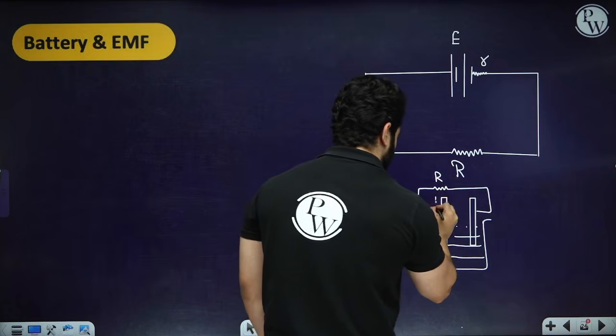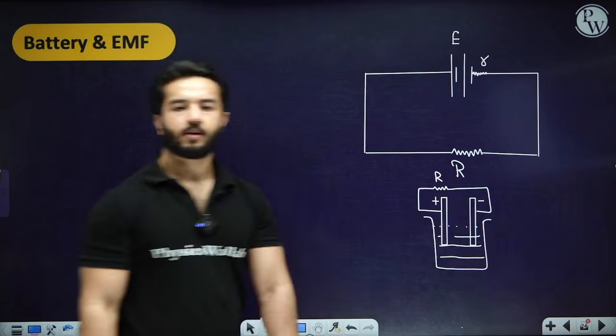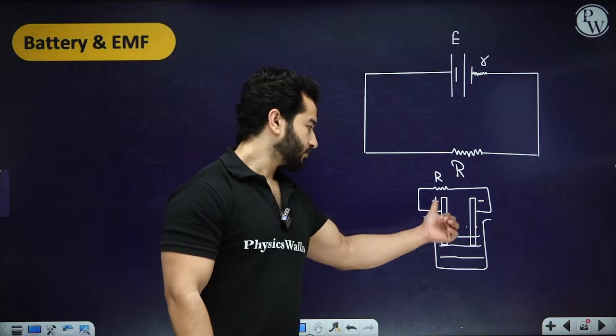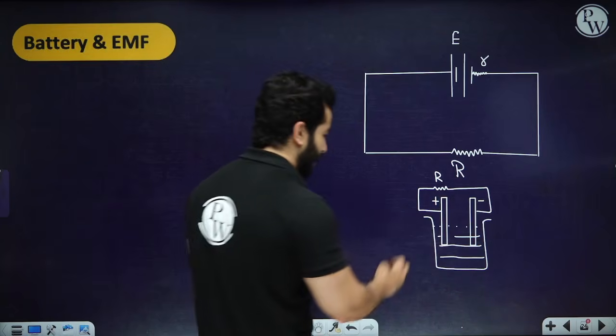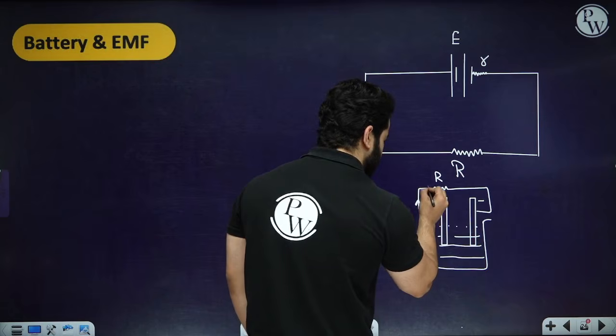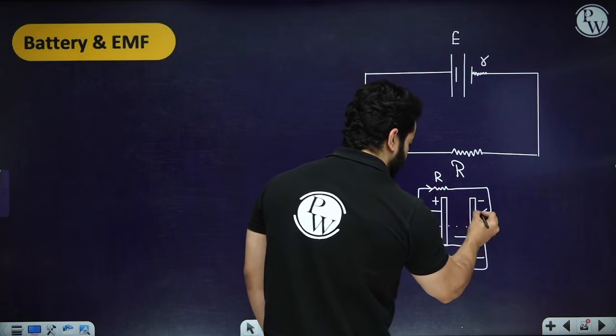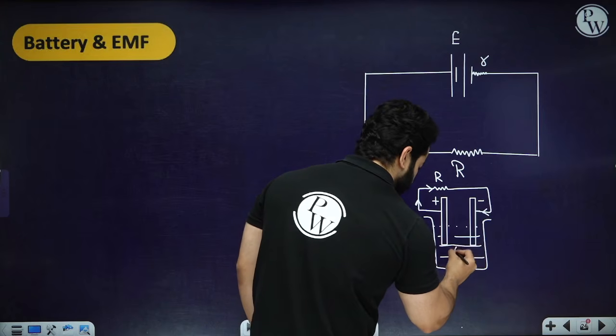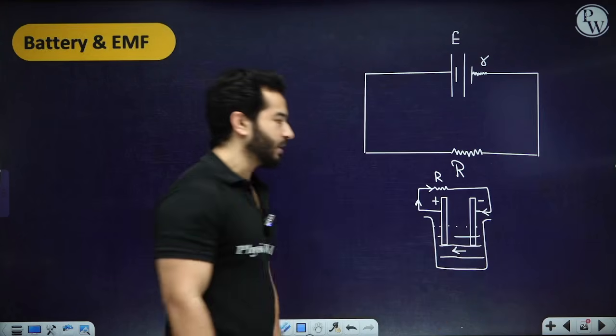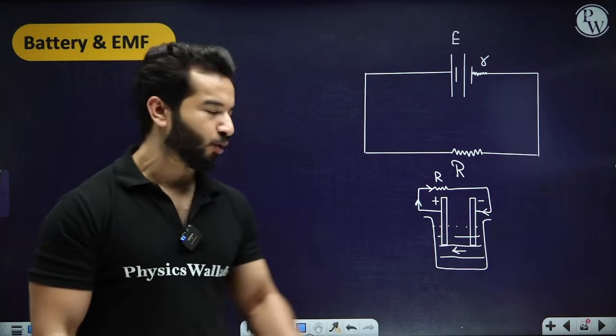Let's say this is the positive electrode, this is the negative electrode, that is anode and cathode, and current flows outside in the circuit something like this, and inside the cell current flows from the cathode to the anode, right?